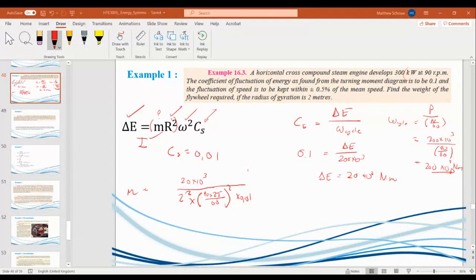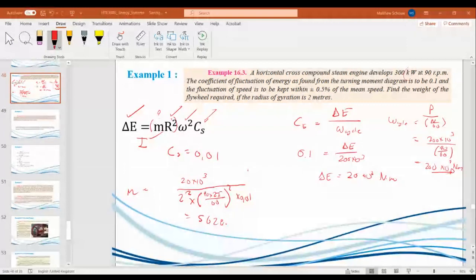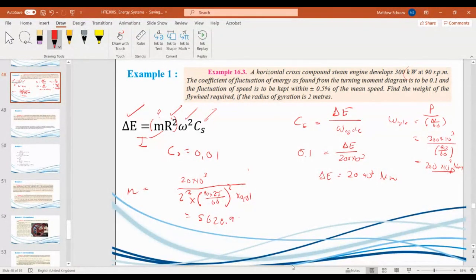You can only reap benefits from this because you are writing next week on just the 2 chapters. 5628.95. That's a massive flywheel. Does the value actually make sense for a 300 kilowatt engine? That's kind of ridiculous.